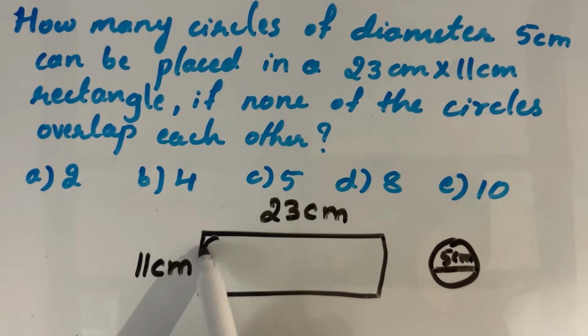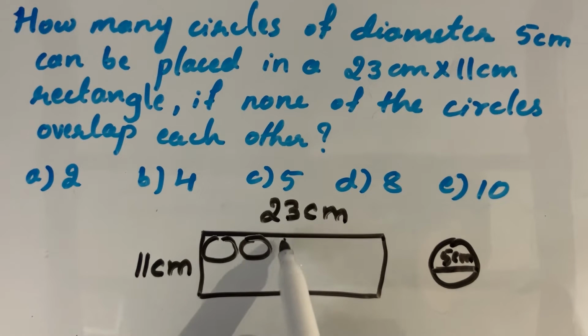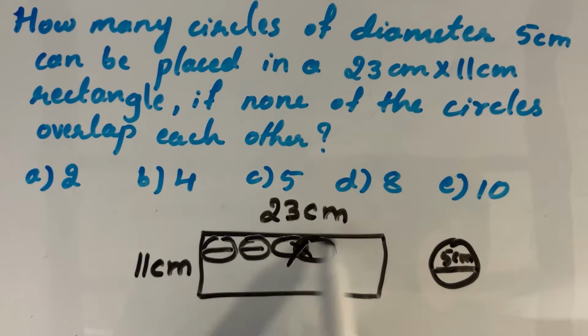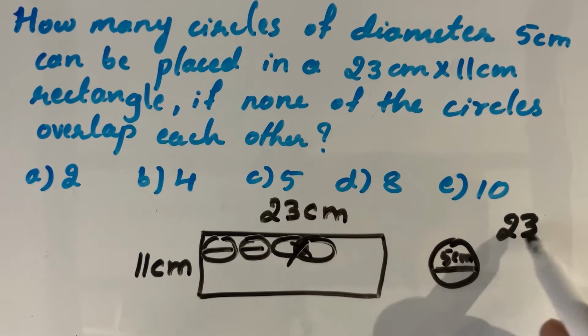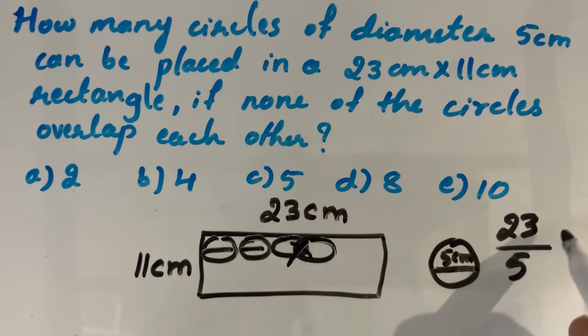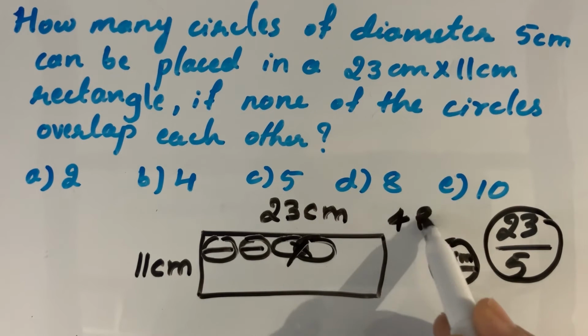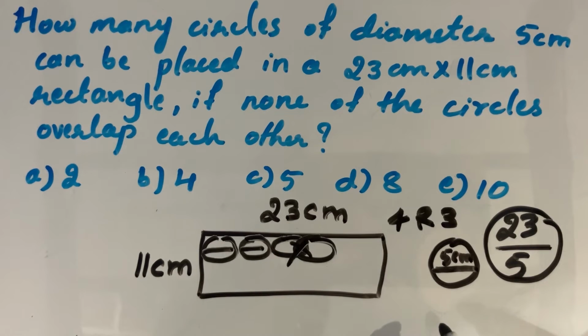You have to place them like this. None of the circles should overlap. It should not overlap like this. Here length is 23 centimeters. When you divide 23 by 5, what will you get? 4 remainder 3. 5 times 4 is 20 and remainder is 3.